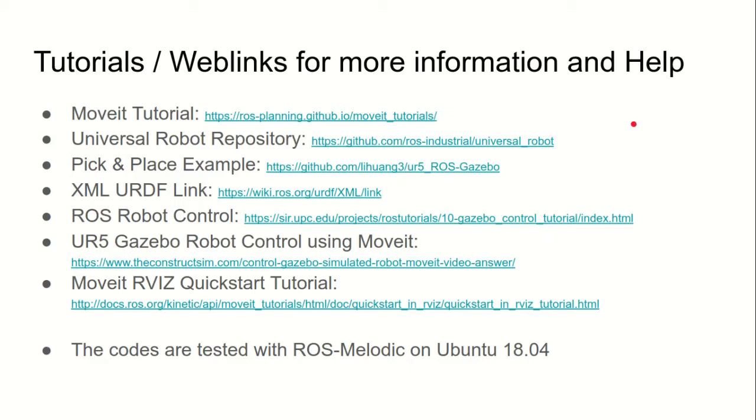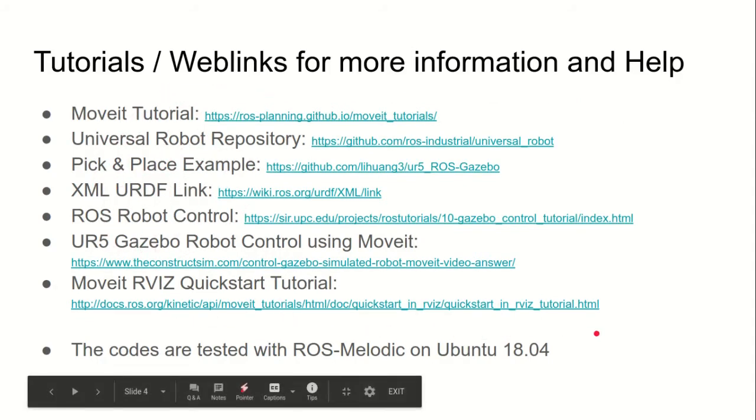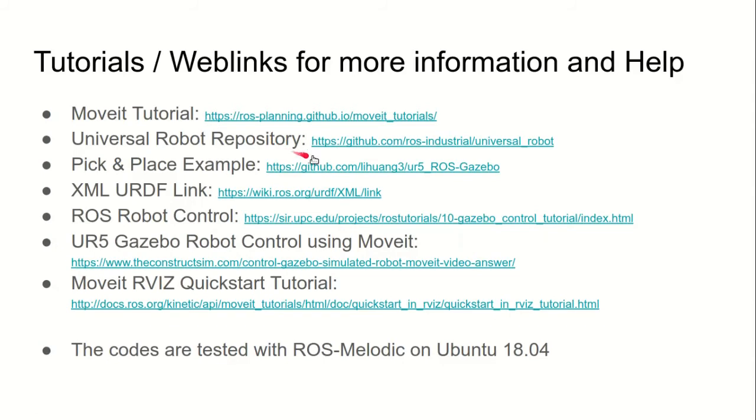These are some web links and tutorials which you should go through to have a better understanding of what I am going to do now. You see the Moveit tutorials. This is the link for the universal robot repository, which we will download and use. Then there is a GitHub link where the person demonstrates how he uses UR5 for a pick and place task, and a page to learn about the URDF link, and a bit of tutorial about how the Gazebo control works.